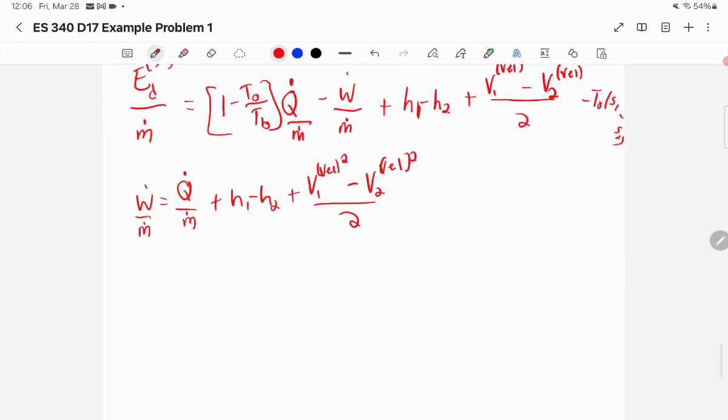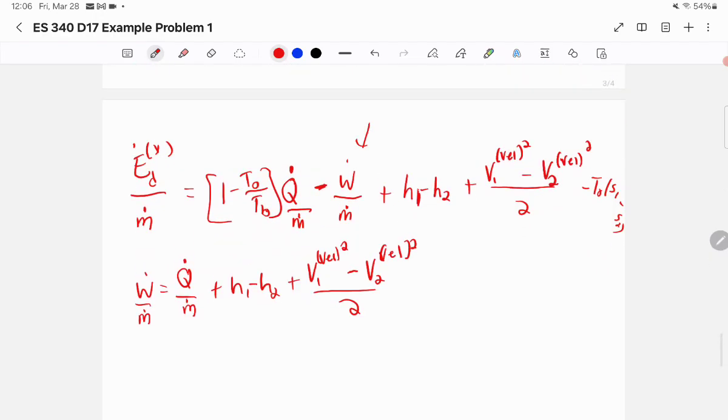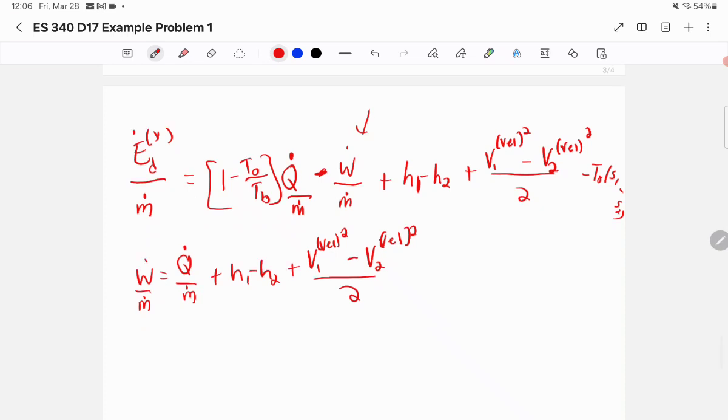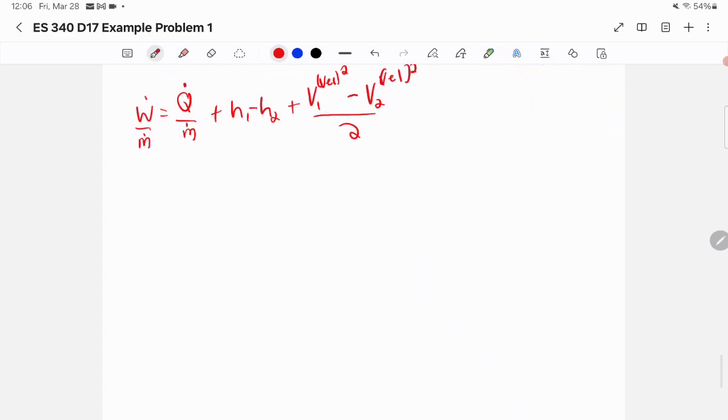That was my W dot over M dot, and since there are no additional work terms, this is the total work. So you can see that in this case a number of these terms are going to cancel out because of the minus sign. Let's multiply this through to make it easier to see.